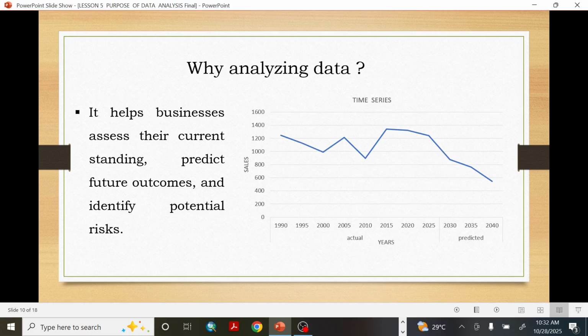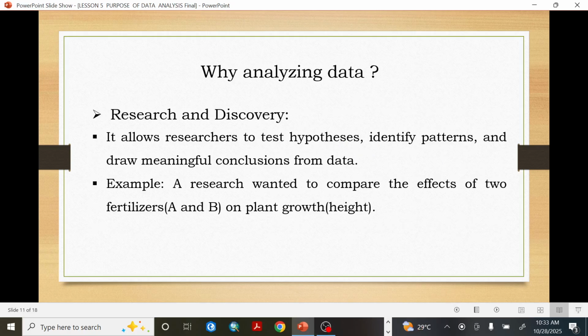In this hypothetical example here, the sales data from 1990 to 2025 is present, and then they predict what will happen after 2025, that is up to 2030 to 2040. So from 2025, the sales will go down, and this is already a risk here that the company should do something in order to address this problem.